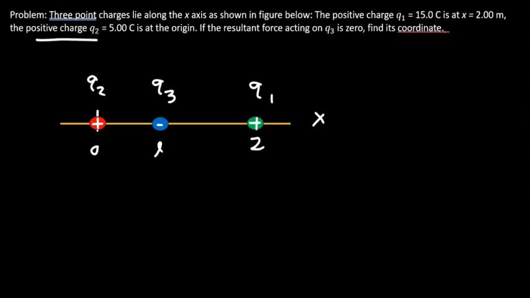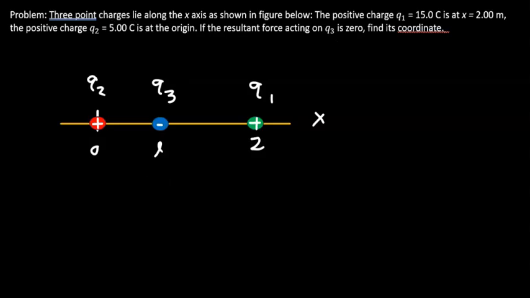Q2 is also a positive charge whose strength is 5 Coulomb, and it's located at the origin. If the resultant force on the third charge Q3 is 0, find the coordinate, namely find this point L.